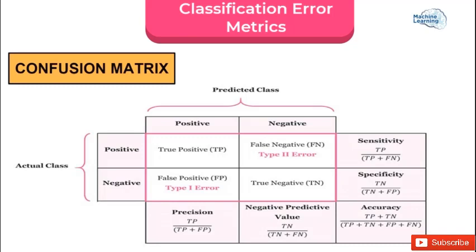A false negative is essentially the opposite of that, where this person does have the disease present, but your model and your test report back that it's negative. These are sometimes referred to as a type 1 error and a type 2 error.